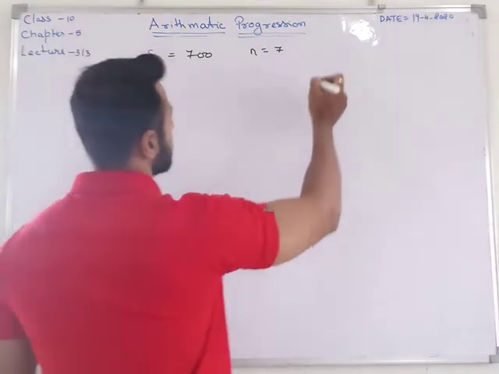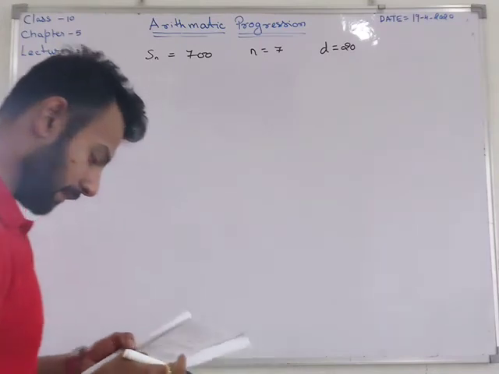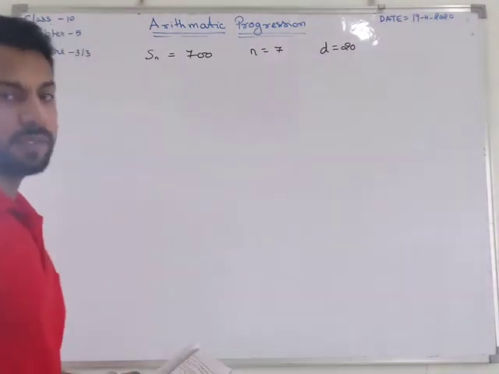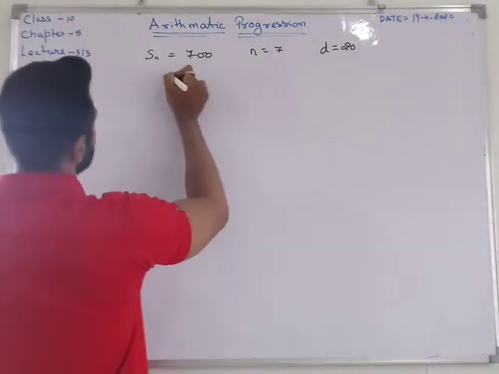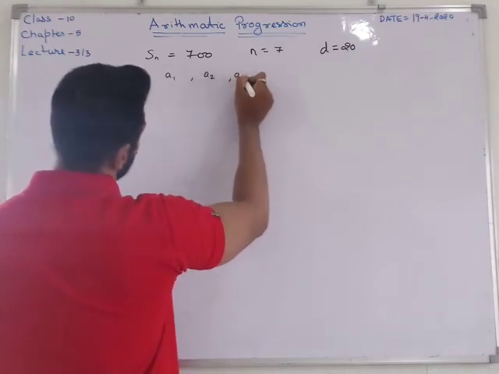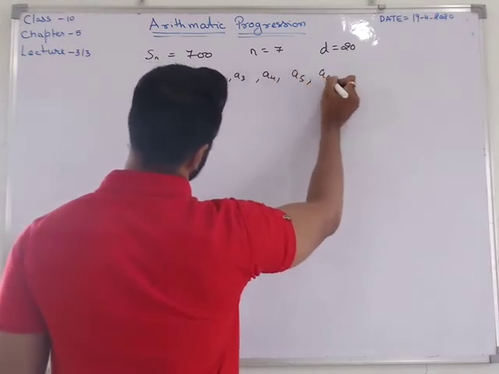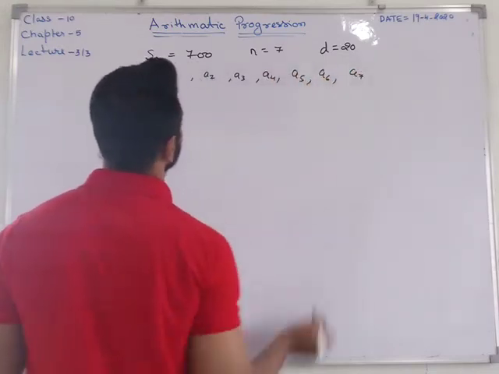Means the common difference is 20. Find the value of each prize. Means we have to find out A1, A2, A3, A4, A5, A6, A7.